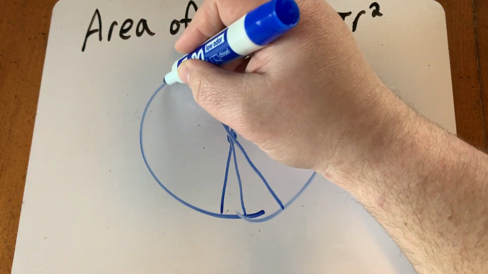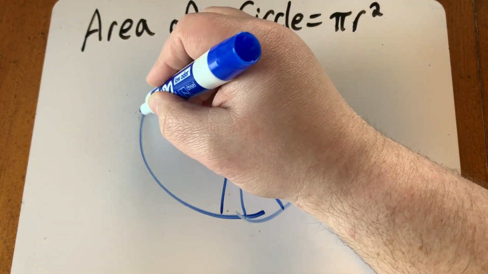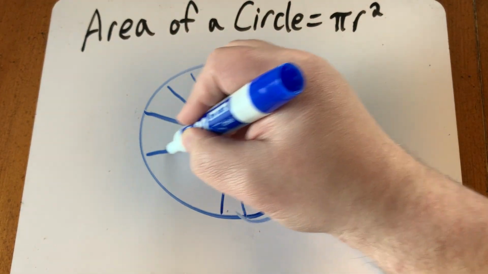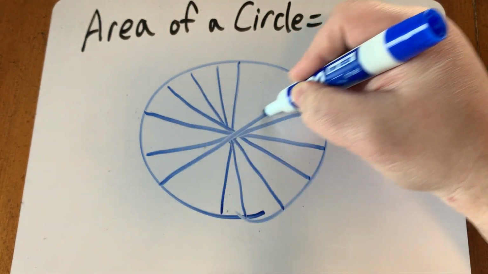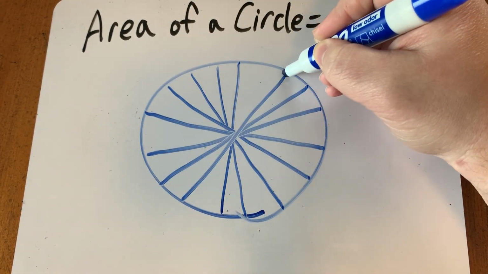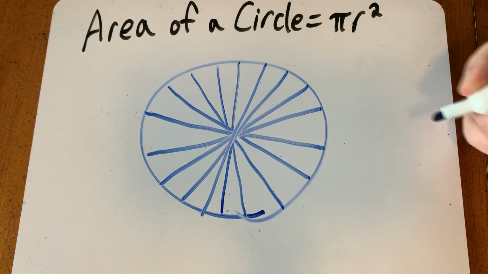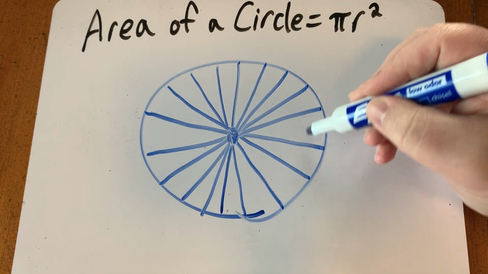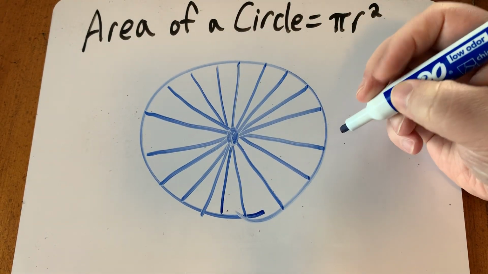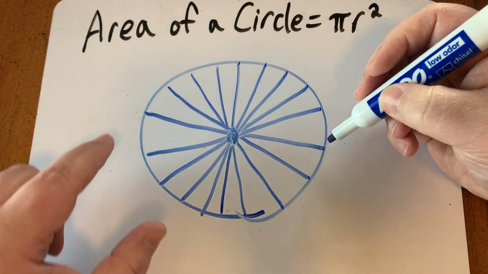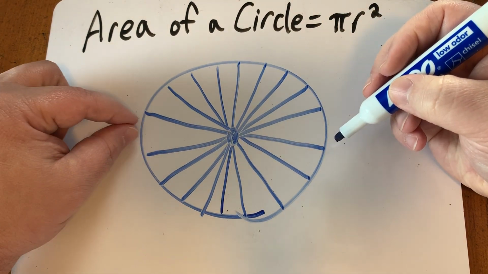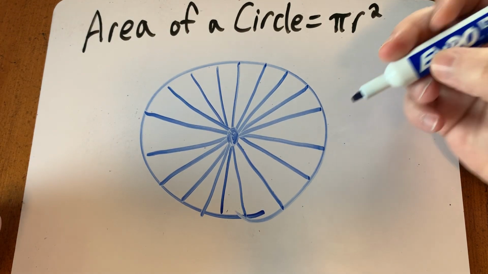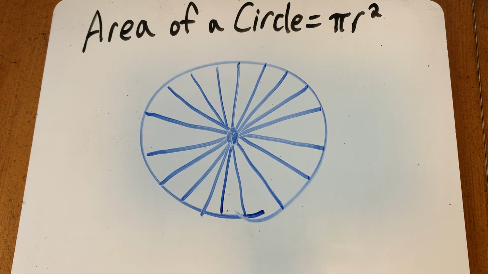So I'm just going to make a bunch of diameters, about evenly spaced apart. All right, so we have all of these diameters creating these figures, these pieces that are 2 radii and an arc.